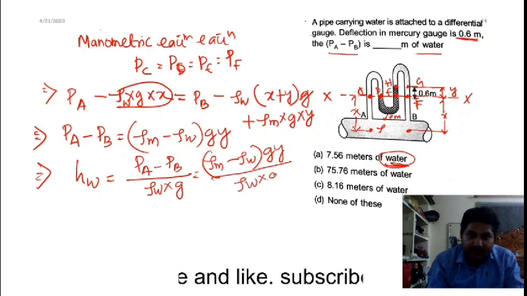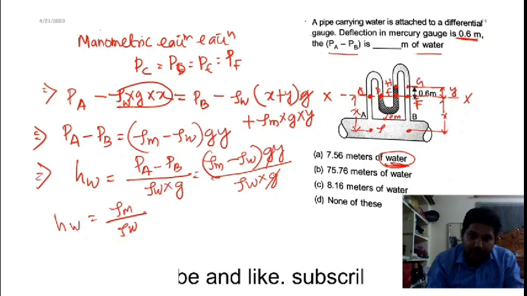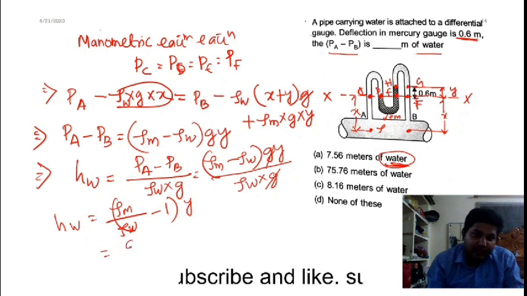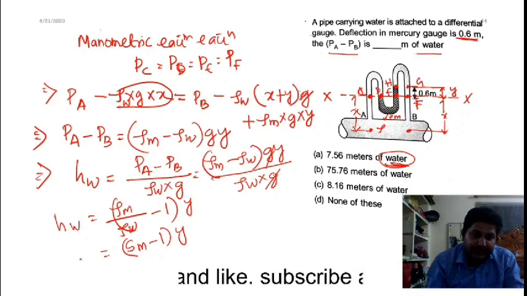So this g is gone. Again this height of water is rho m by rho w minus 1, into y. Rho m by rho w is the specific gravity of the manometric fluid, minus 1, into y. So this is the basic general expression I will derive for you.